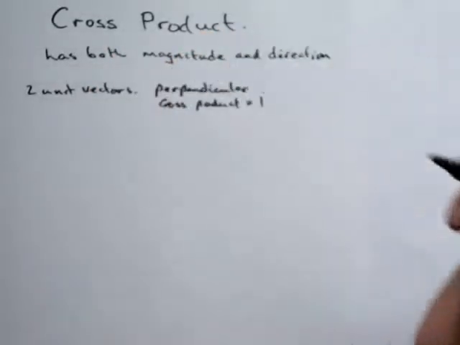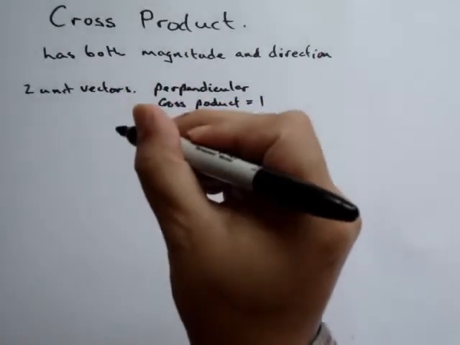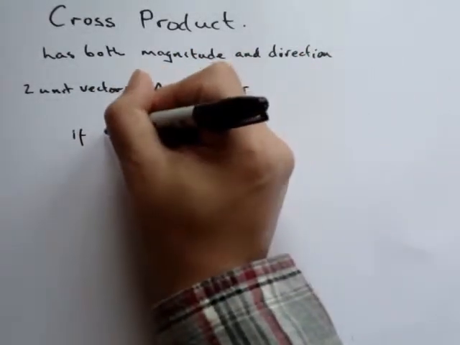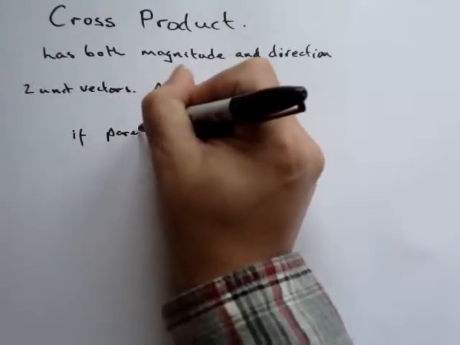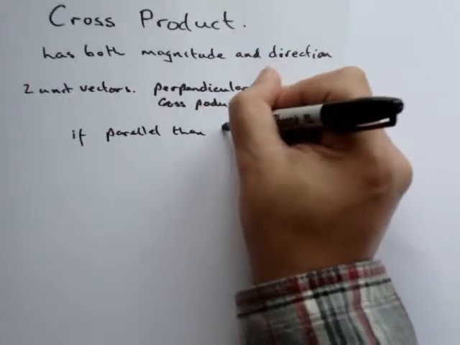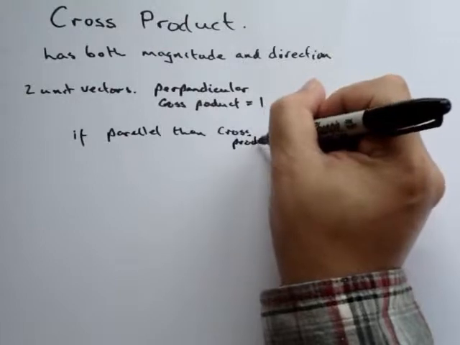The cross product is said to represent perpendicularity, just as we said the dot product was said to represent parallelism. So if these two unit vectors were parallel, then the cross product would equal 0.